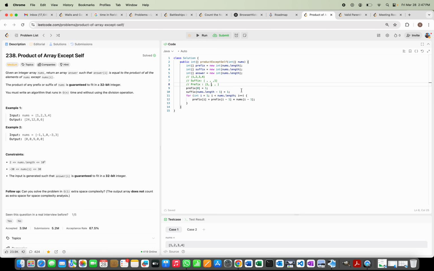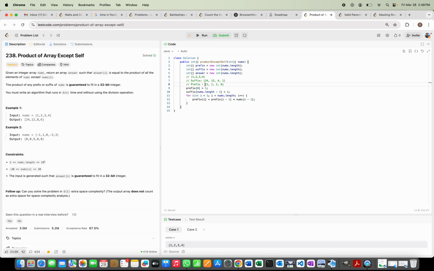So 1 times 1 is 1, 1 times 2 is 2, and then 2 times 3 is 6. And then here it's 1 times 1 into 4, 1 times 4 is 4. 4 times 3 is 12, and then 12 times 2 is 24.